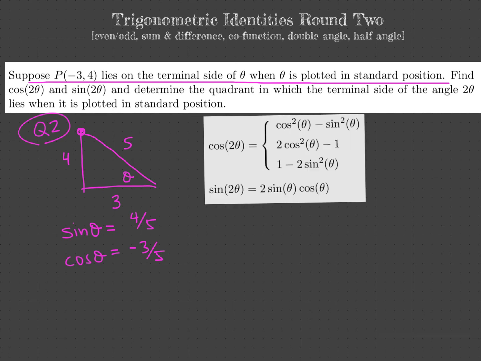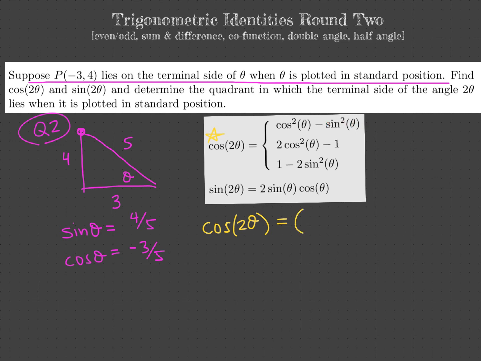Here are the double angle identities for cosine of 2 theta and sine of 2 theta. Let's first find the cosine of 2 theta. We can use any one of these. I am simply going to use the top one, which is cosine squared theta minus sine squared theta. Our cosine of theta is -3/5, and our sine of theta is 4/5.